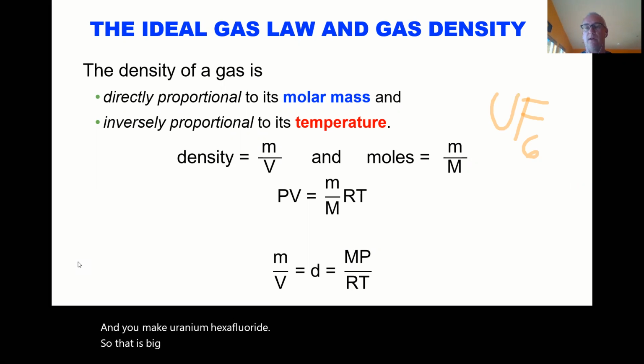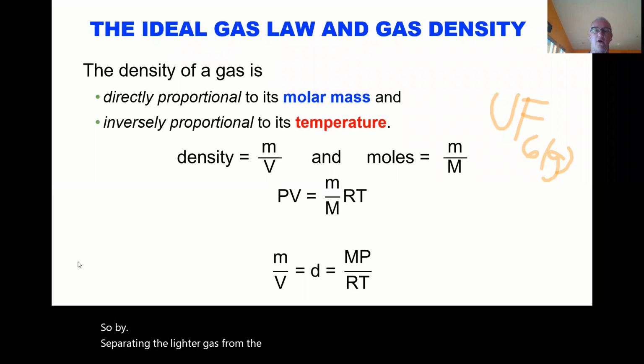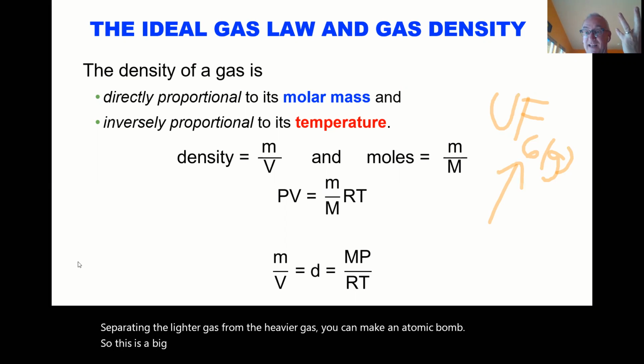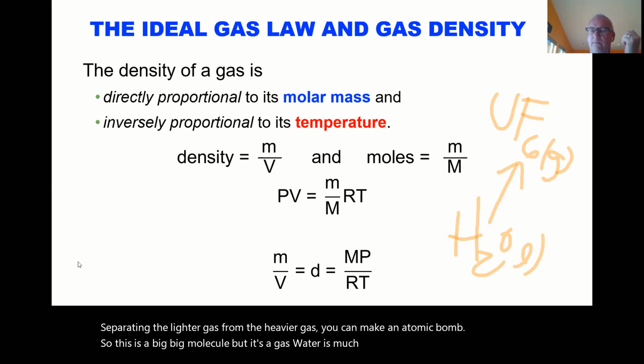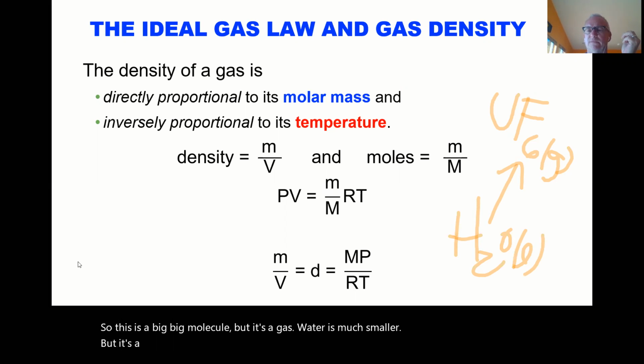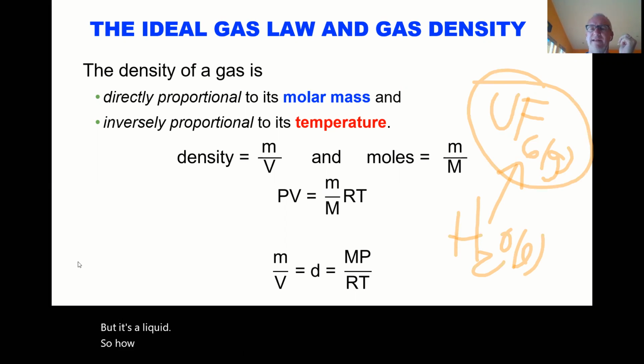Uranium's a big molecule, and that is a gas. So by separating the lighter gas from the heavier gas, you can make an atomic bomb. So this is a big, big molecule, but it's a gas. Water is much smaller, but it's a liquid. So how come the density of that would be so low?